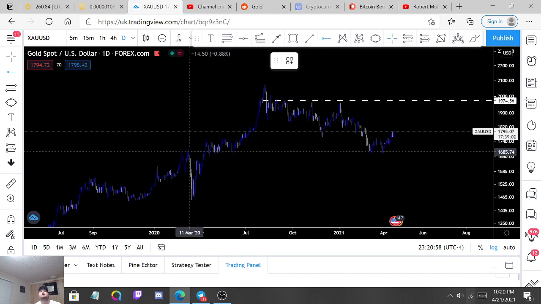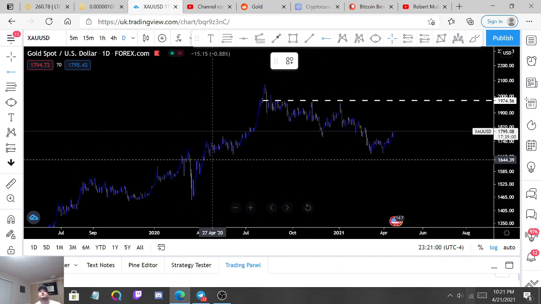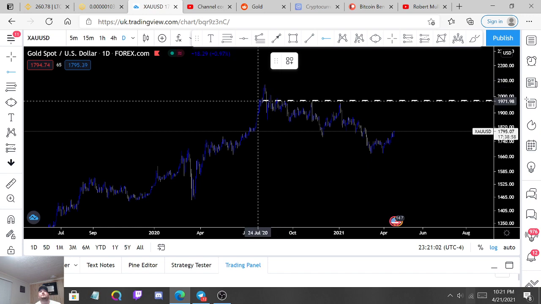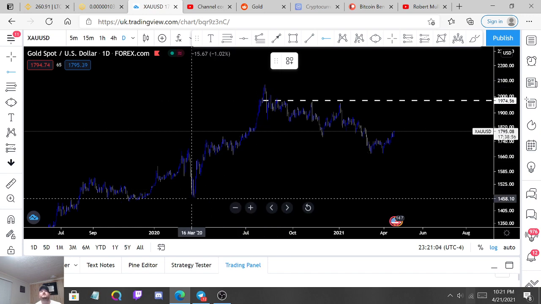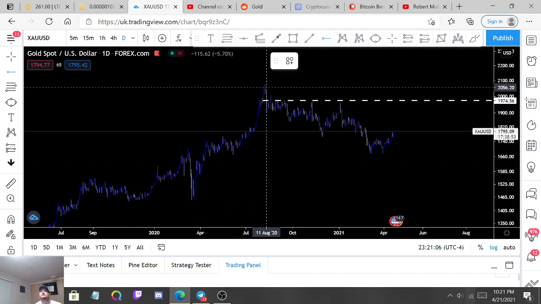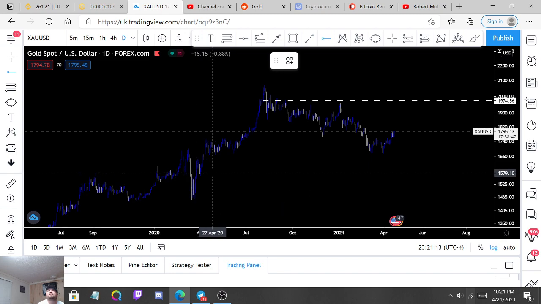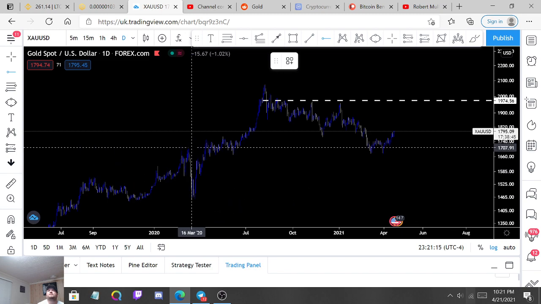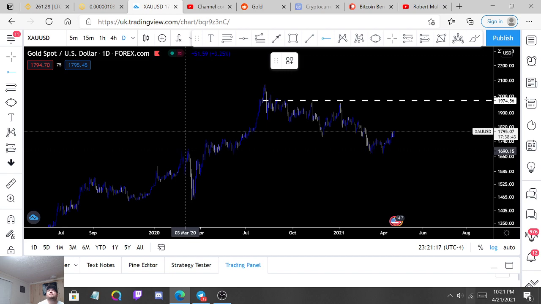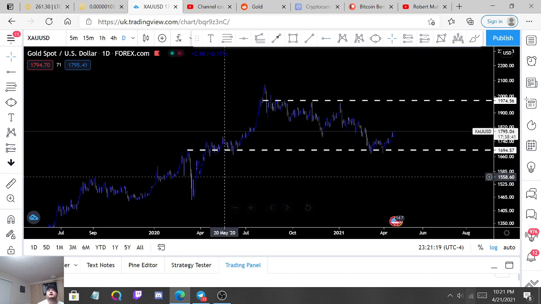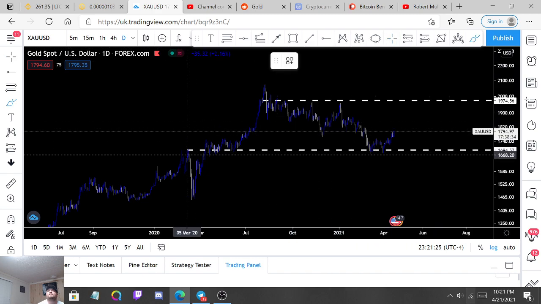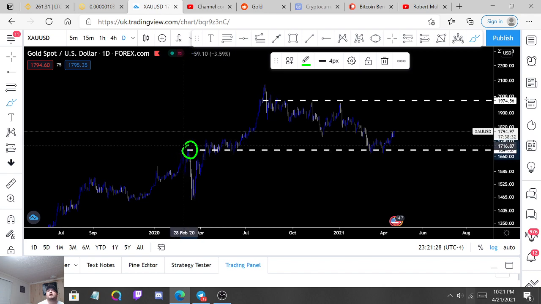And what I seen was this move here, a move from 1458 all the way to 2,058 bucks. For me, that allowed me to use this right here as a lower high.